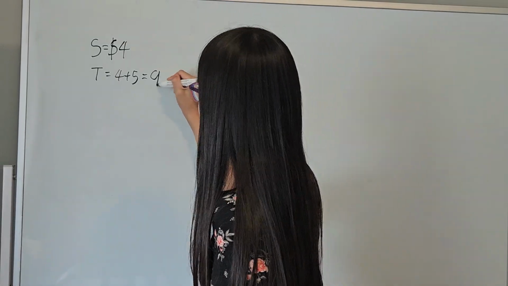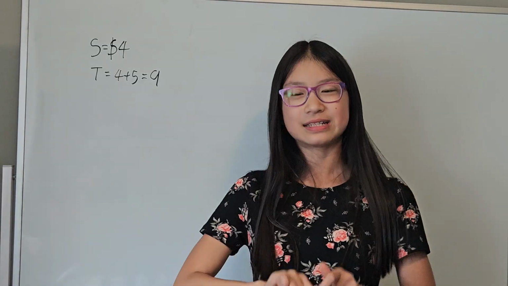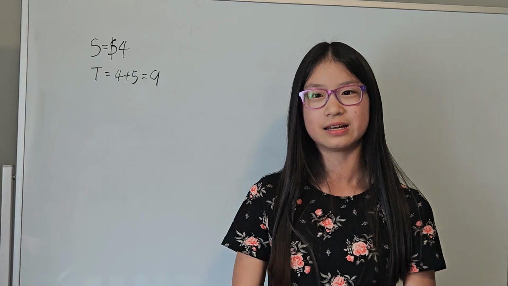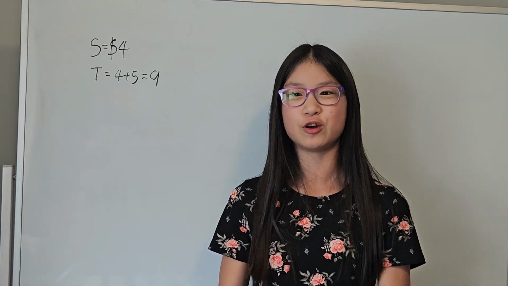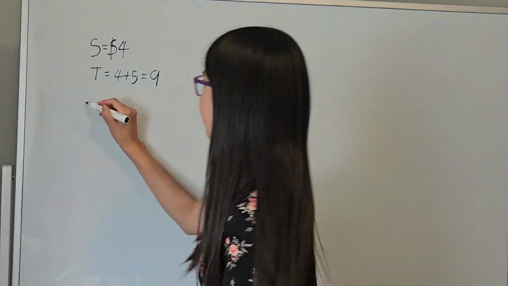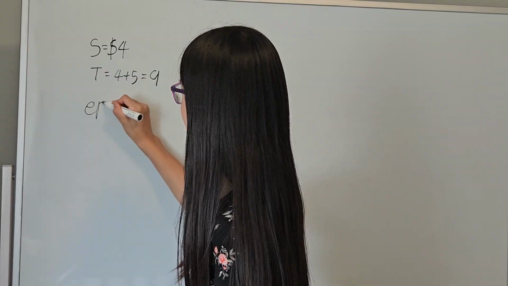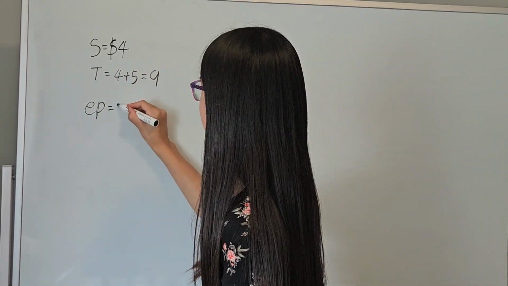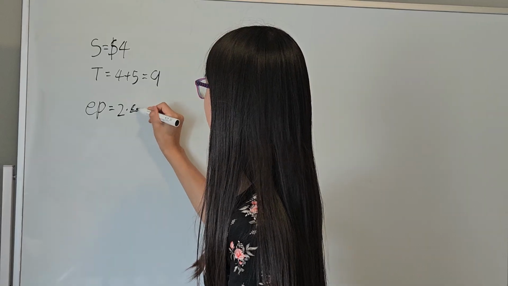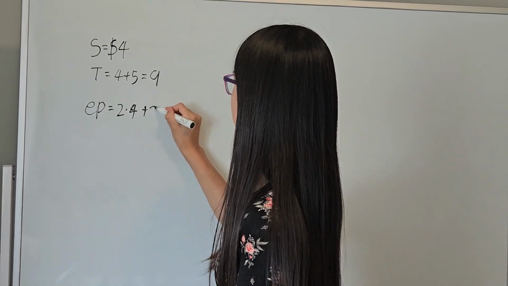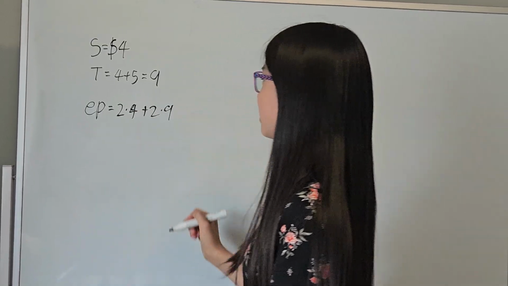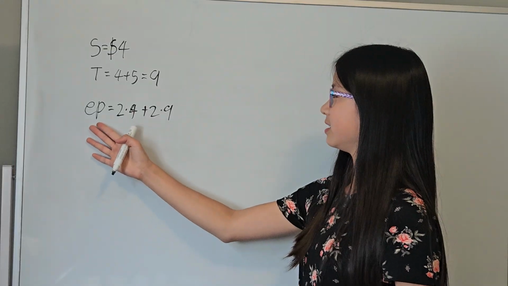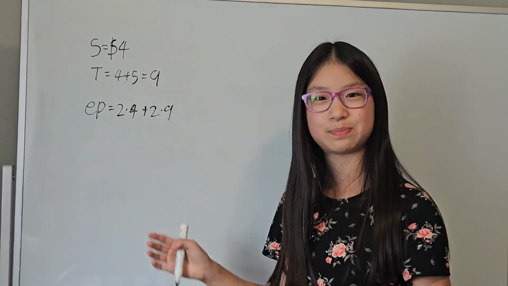And it's 9. Now it said each player needs to buy 2 t-shirts and 2 pairs of socks. So let's say EP, for each player, equals 2 times 4 plus 2 times 9. This is how much each player is going to spend.